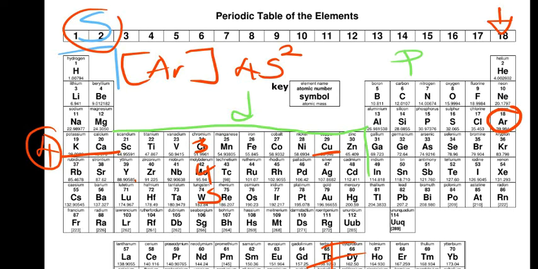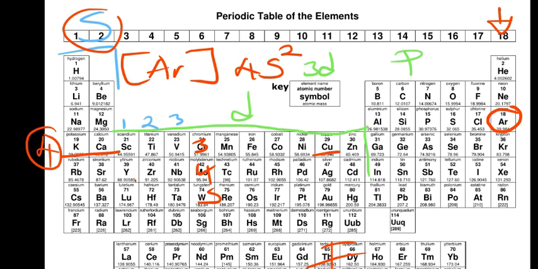If you're in period 4, for the D you use 3 instead of 4, so it lags by 1. How many electrons do we need to count to get to copper? The D block starts immediately after group 2, so we have 1, 2, 3, 4, 5, 6, 7, 8, and 9. So we have a 9 there.